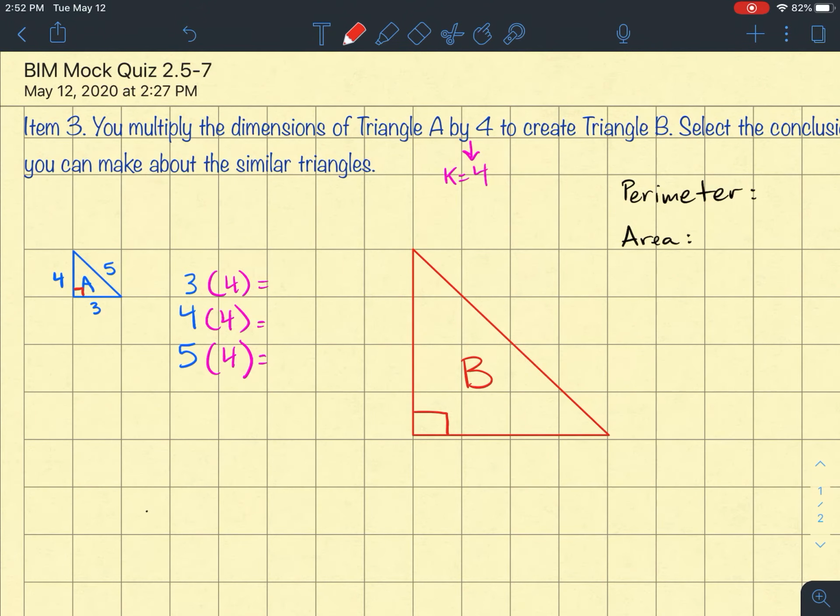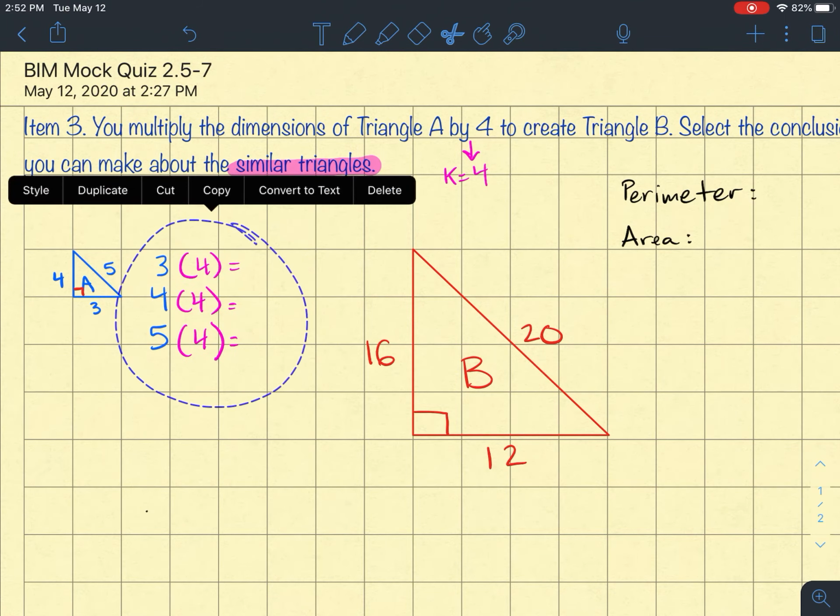So the triangles are similar, right? We know that to be true. We know the triangles are similar. So that means all we do is like what we worked out here: we multiply each dimension by 4. So on the bottom, 3 times 4 is 12. The height is 4 times 4, so 16. And the hypotenuse is 5 times 4, so it's 20.